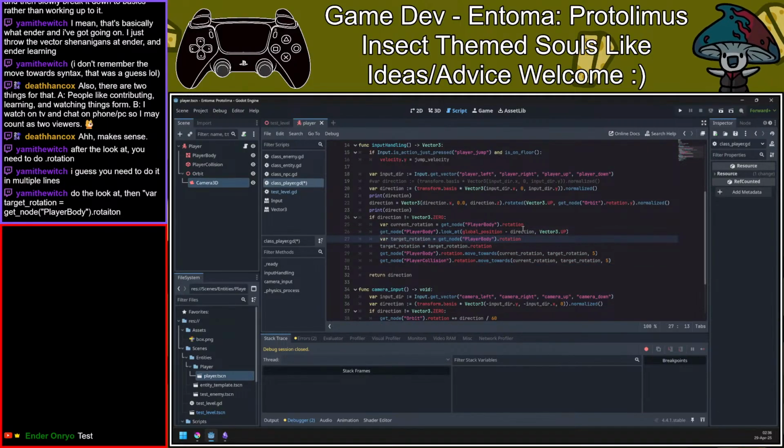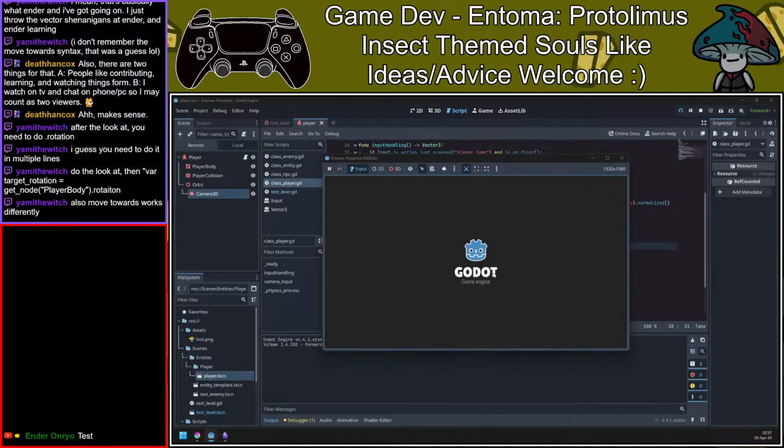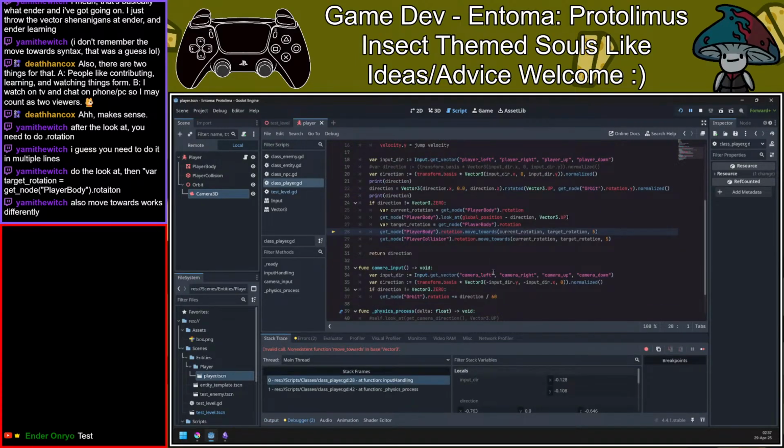So get current rotation, rotate to the new location, log that, and then move from the original to the new one by whatever.